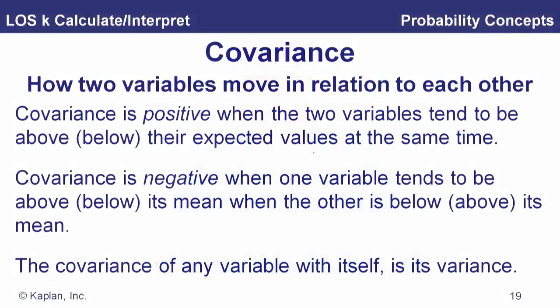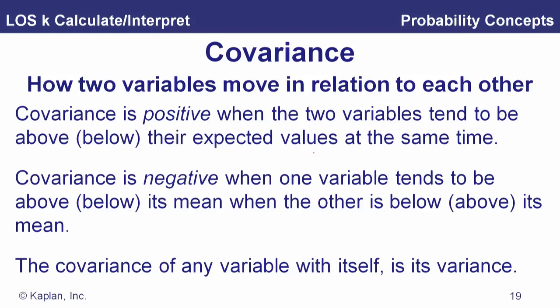So if one variable is above its mean during periods, or tends to be above its mean in periods when the other one is below its mean, we're multiplying a positive times a negative, we'd come up with a negative covariance.